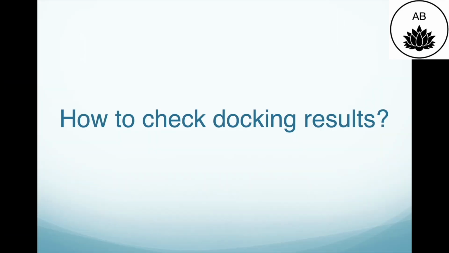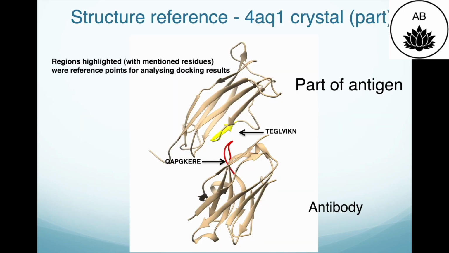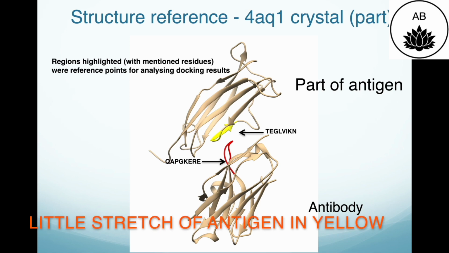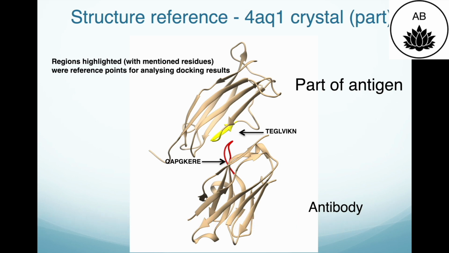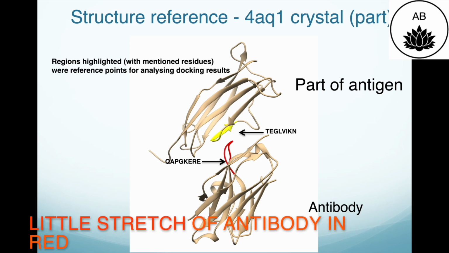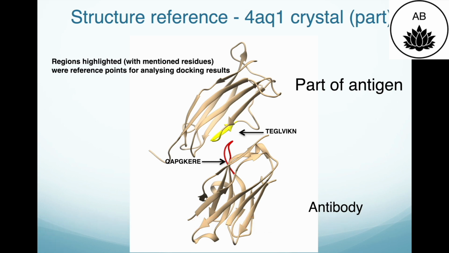Okay, now how to check the docking results? There must be some reference to compare your results to. So to check my docking results, this is what I did. I colored part of the antigen in yellow and the antibody in red in the 4AQ1 crystal structure.